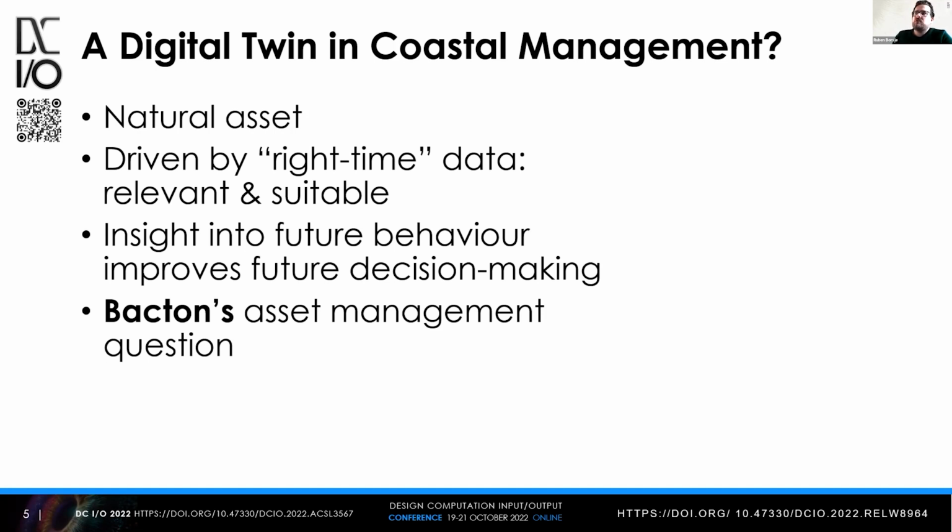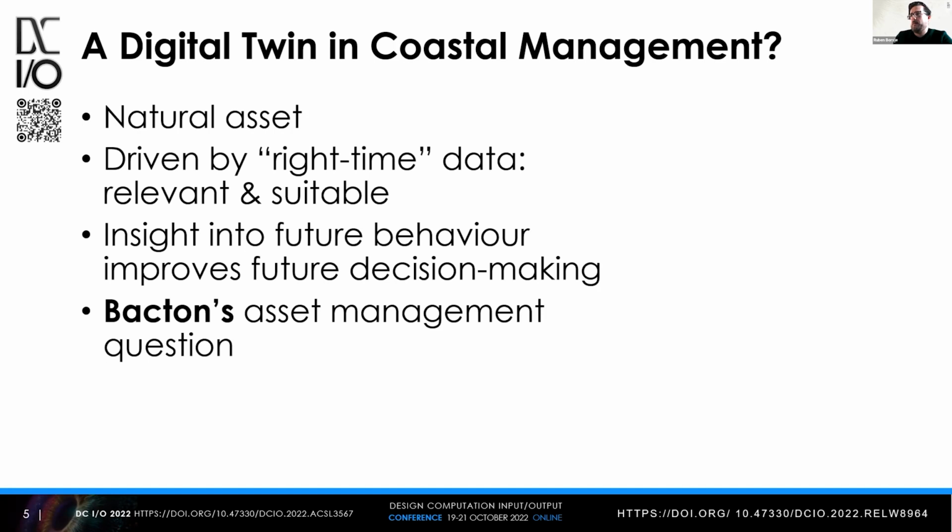That digital twin can be driven by data that is relevant and suitable, and I've kind of coined the term right time data here instead of real time data, mainly because for the particular problem that we were looking at, 10 hertz sensors wouldn't have added any value. We're looking at 15 to 20 years lifetime, and therefore real time means something completely different in that context. But I'll get into that in a minute.